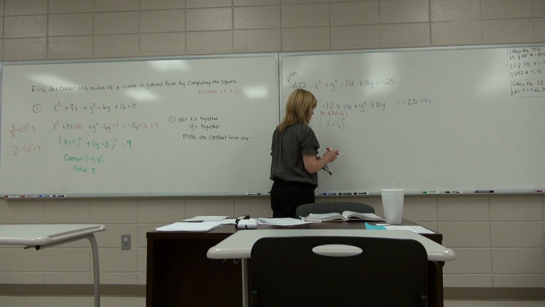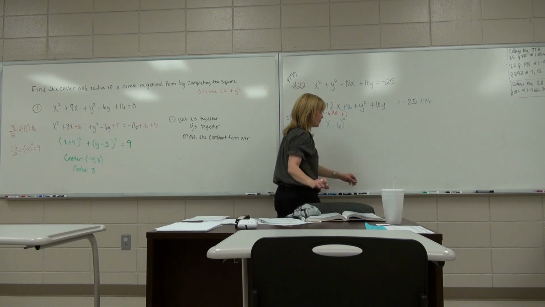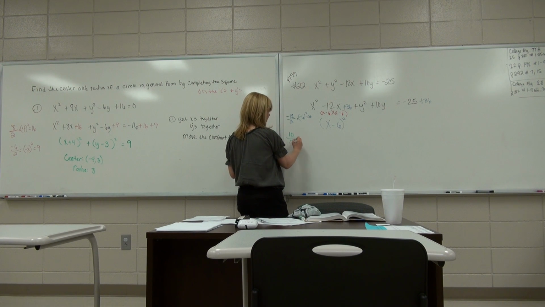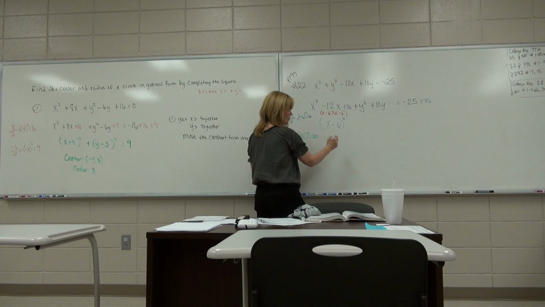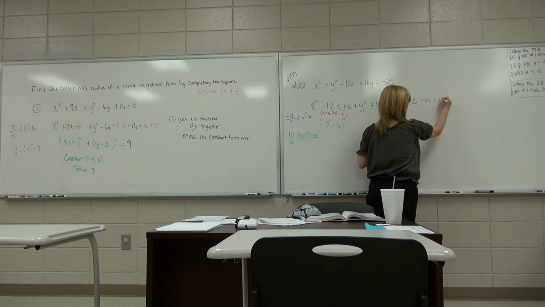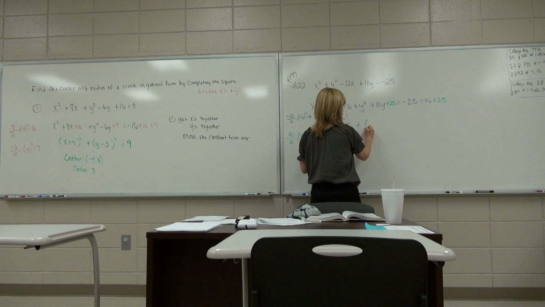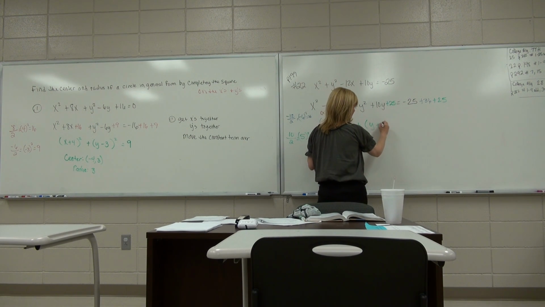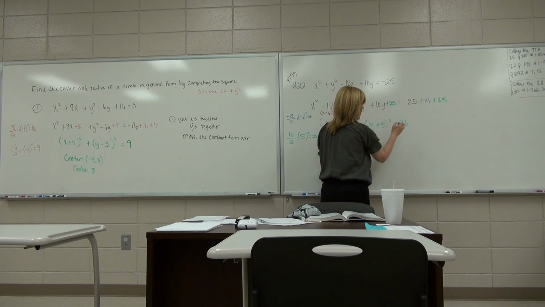Alright? Now let's do these y's. The number in front of my plain y is 10. What's half of 10? 5, and 5 squared is 25. So that's what I need to add to both sides to make that a perfect square trinomial. So this will be plus y. What was half of positive 10? Positive 5 squared is equal to 25 over there.